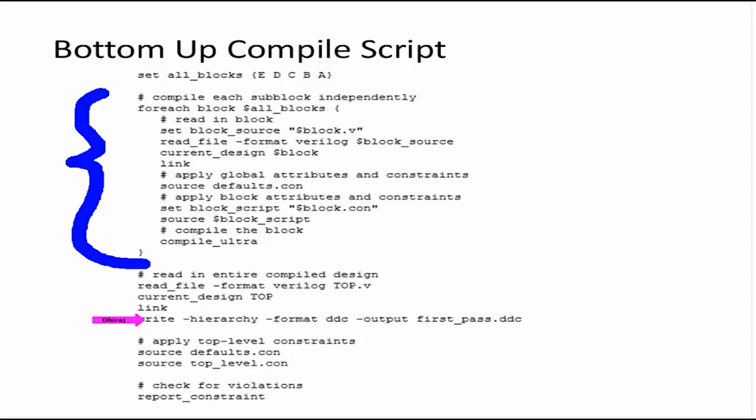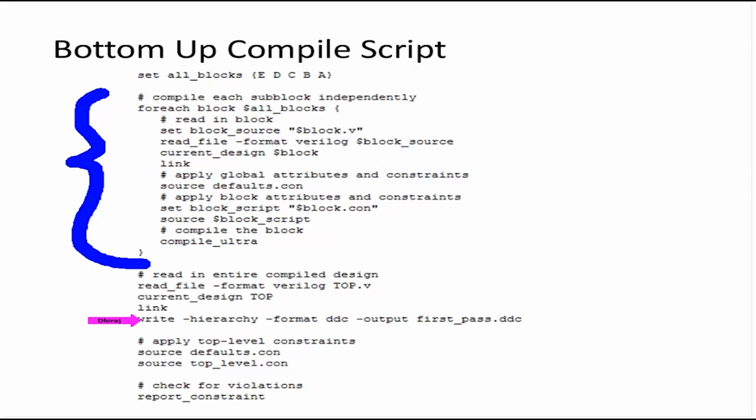The top level is just a structural format. That means the top level contains nothing but module instances and wires, which is a very good assumption. The idea is that there should not be any logic at the top. So the compile effort is saved. There is no need to compile anything at the top level because all the subdesigns are already compiled.